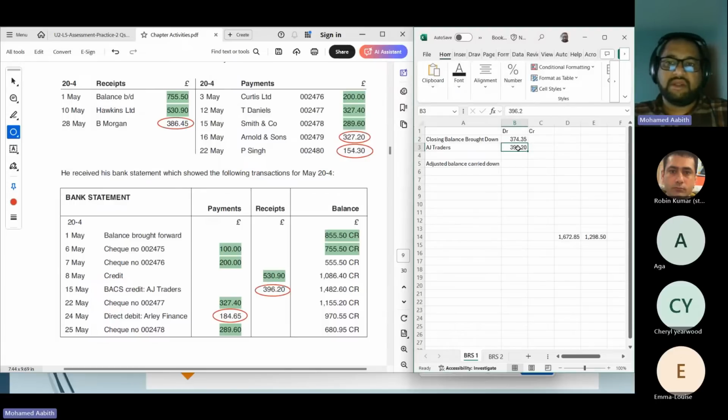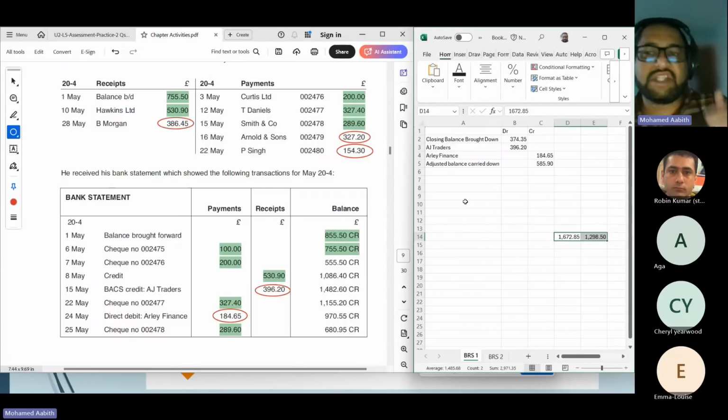Yeah, that's it. And then the next one here is Ali Finance. It is basically a payment, money going out, 184 pounds 65 pence. So this will give me an adjusted balance brought down figure of the sum of these two. So that plus that minus that, a figure of 585 pounds 90 pence.